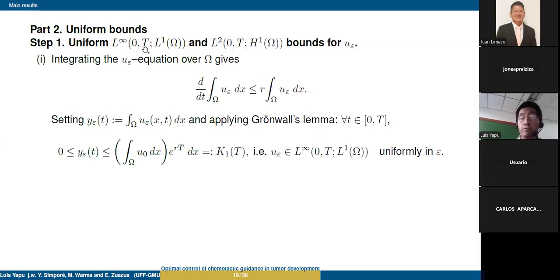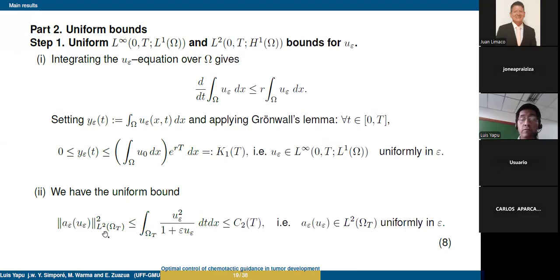There are also some other estimates. We have to pass from one space to another space, always testing so that we get uniform estimates in epsilon. We use the properties of our regularization function.